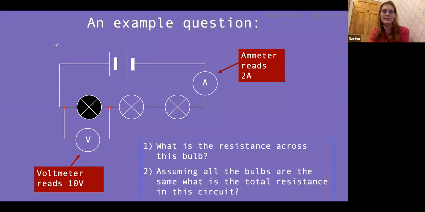We've got some correct answers. Ooh, so we've got 5 ohms again. Remember, 5 ohms is just a resistance of 1. You've got 3 bulbs in this circuit, so it's not going to be 5 ohms. Yeah, okay, so the correct answer here would be 15 ohms. You've got 5 plus 5 plus 5.